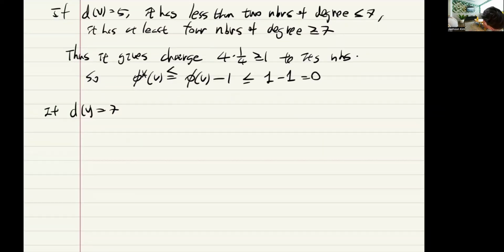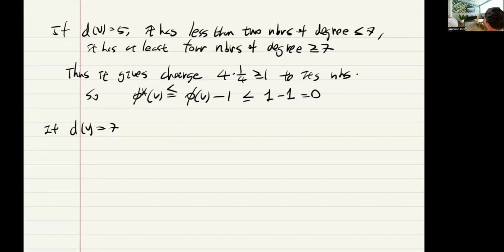Now consider a vertex of degree exactly 7.